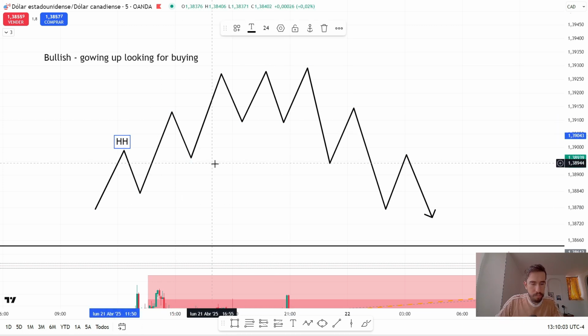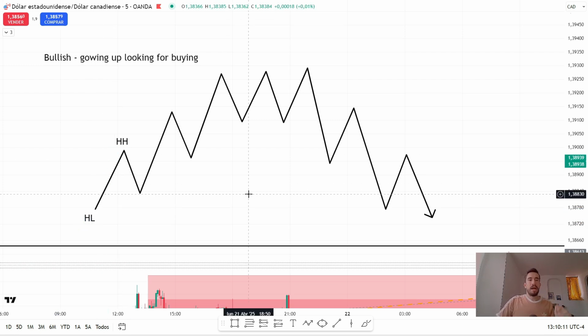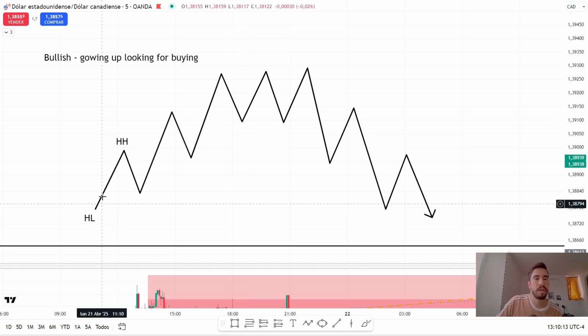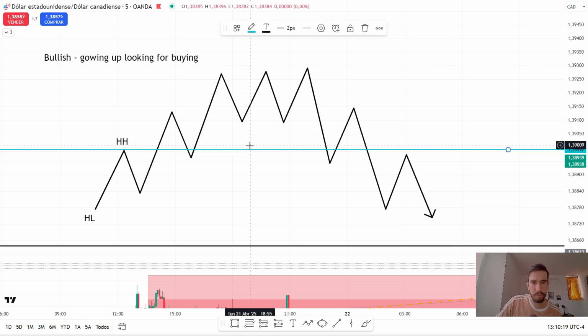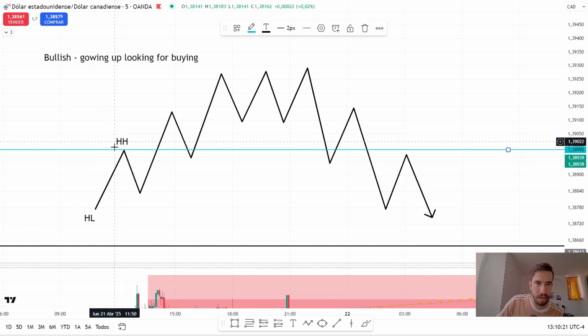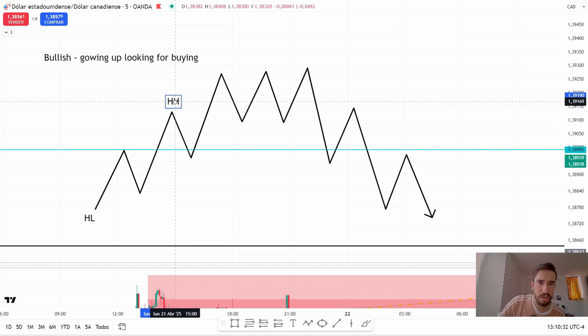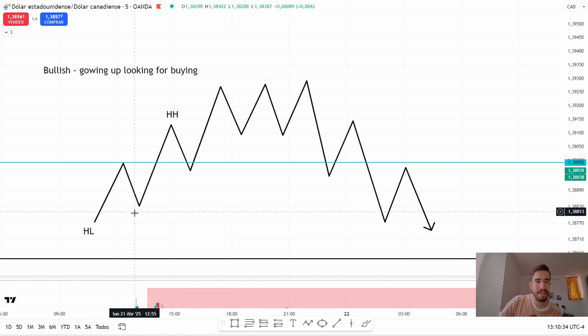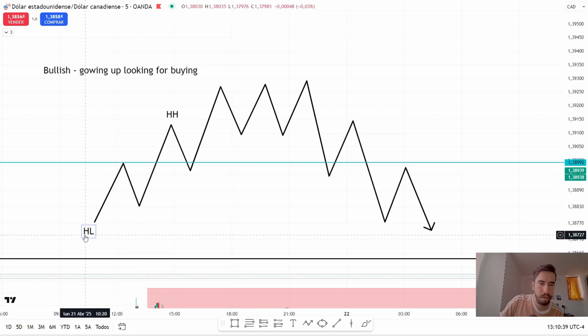The important parts of the bullish market structure are the higher lows and higher highs. Once it breaks this higher high, we wait for the price to reach the highest point, and then when it starts coming back, we identify that as the new higher high, and the previous lower point becomes the higher low.